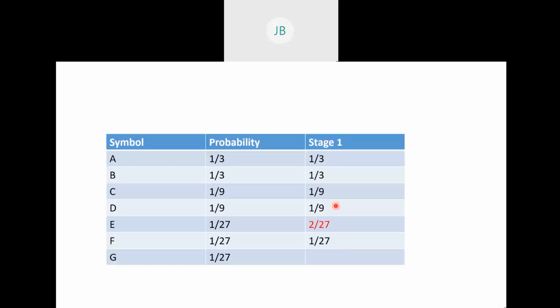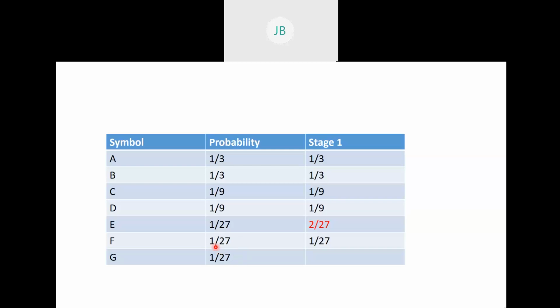In the first step of Huffman coding, we have all the symbols and the probabilities arranged in non-increasing order. Then we add the two lowest probability symbols first and generate a new symbol.